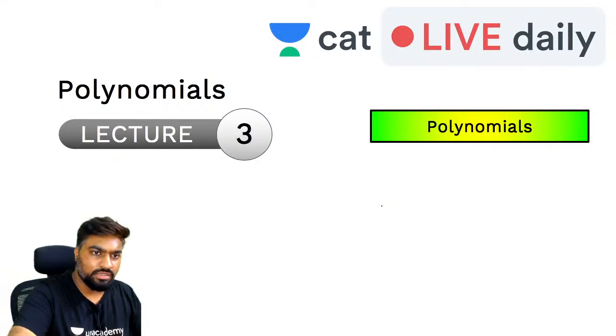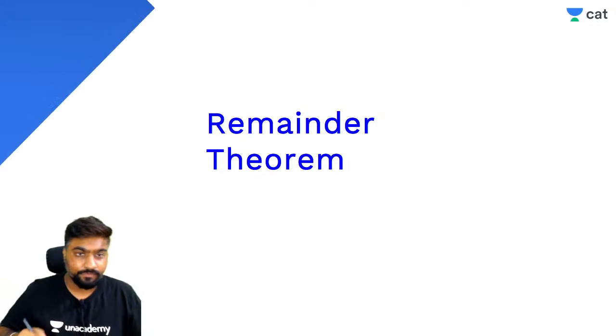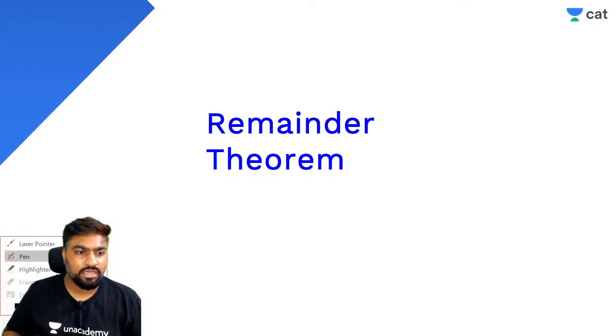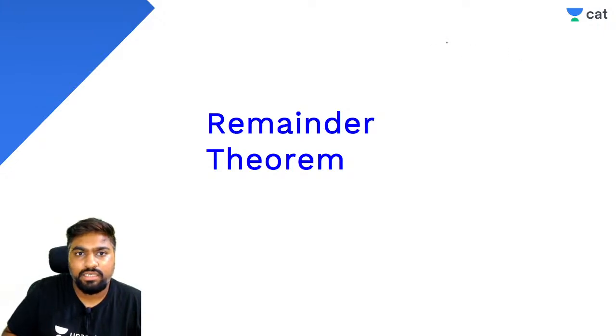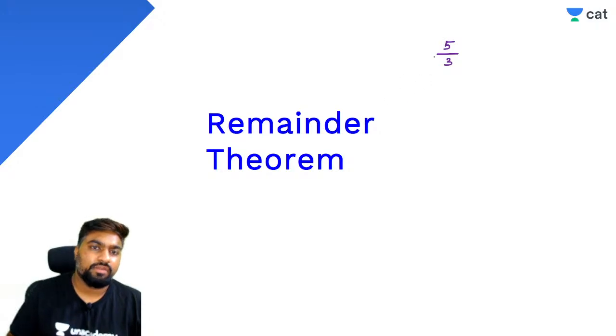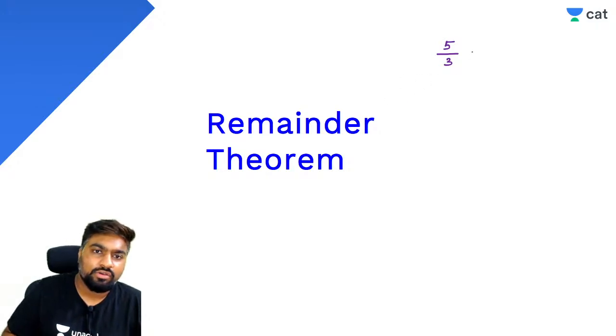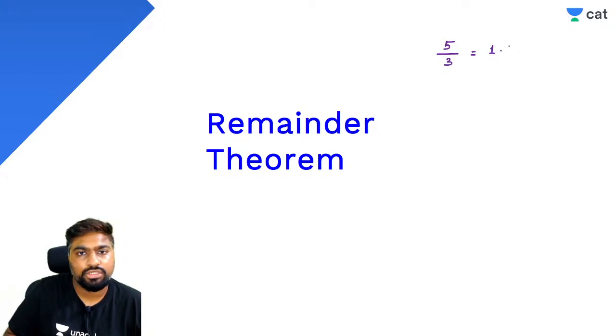Let's start remainder theorem. First things first, let's talk about what a remainder is. When you divide 5 with 3, the quotient is going to be 1.66 bar.